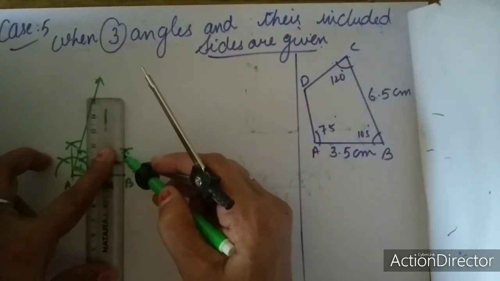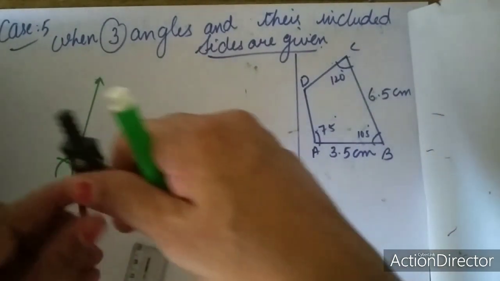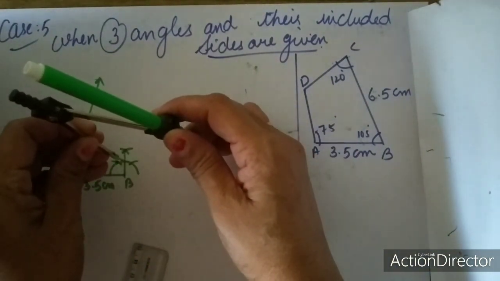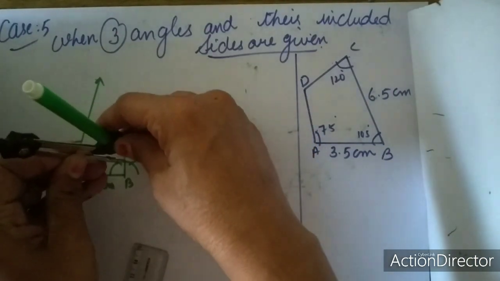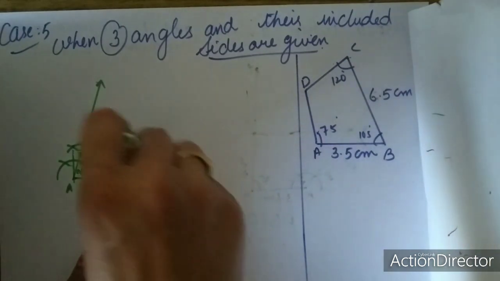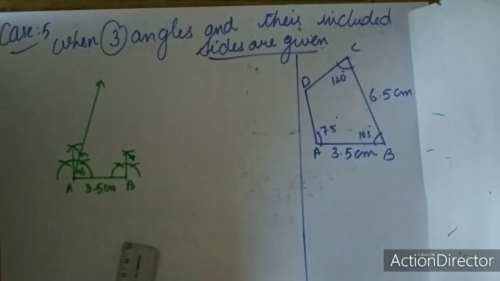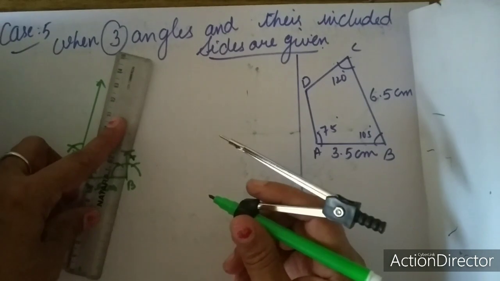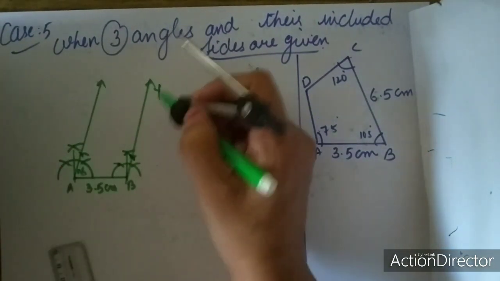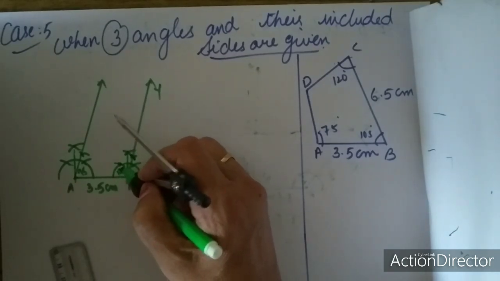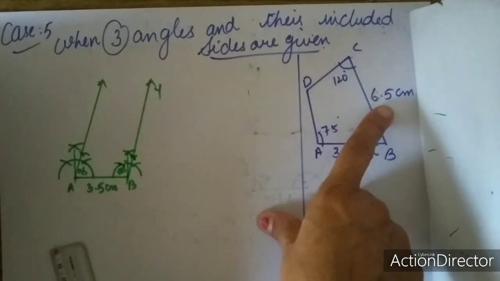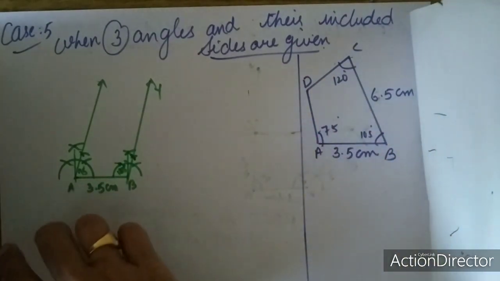So I have to bisect these two angles. So I am bisecting these two angles. So draw a ray BY of 105 degree.